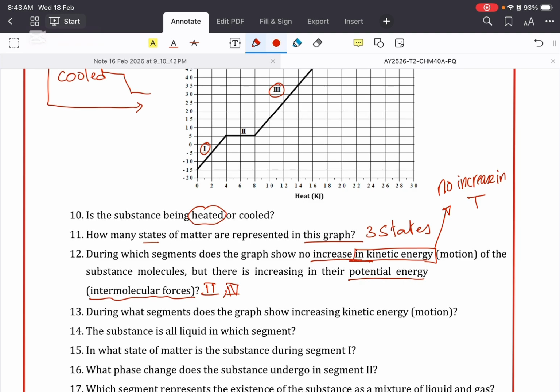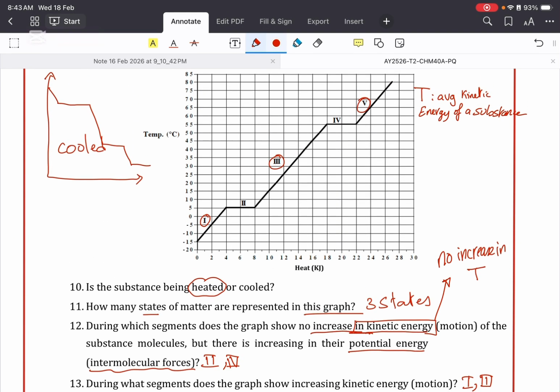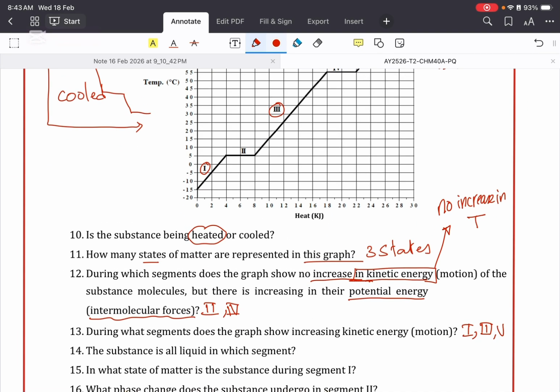During what segments does the graph show increasing kinetic energy? So it's the other part of the graph. So it is 1 and 3 and 5. The substance is all liquid in which segment?